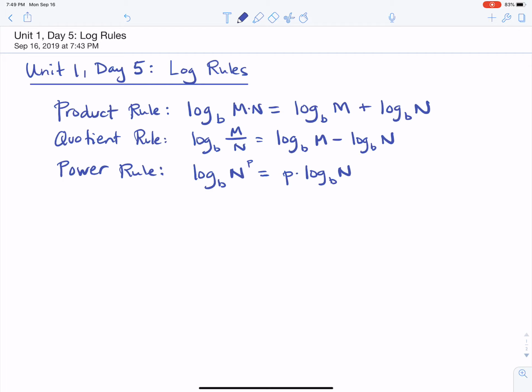So for right now, the 2 types of things that we're going to be doing, the first type is going to be expanding. Expanding means take this apart as far as you can, okay?